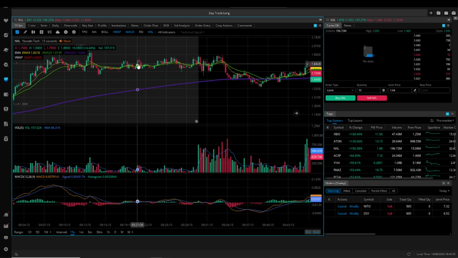Then right after the bell, right here, when I saw the initial dip, I bought 2000 shares for 181, but it went way more below than I wanted.